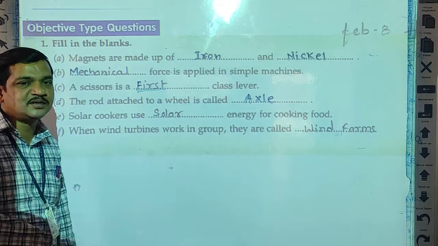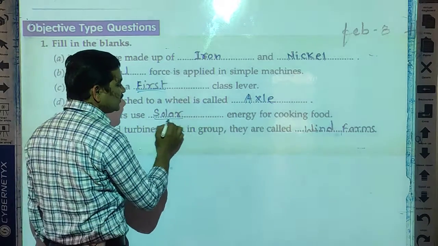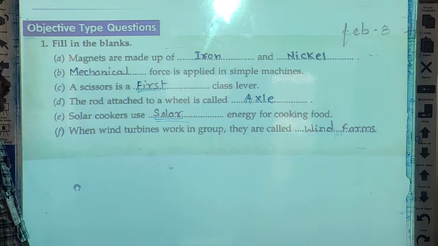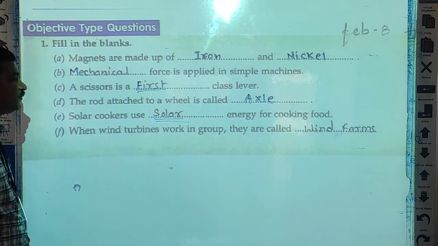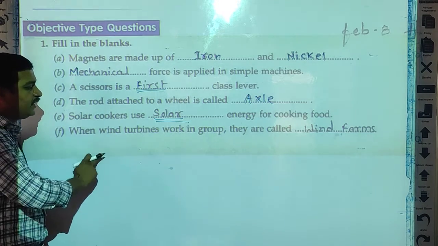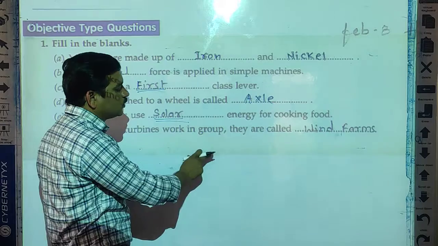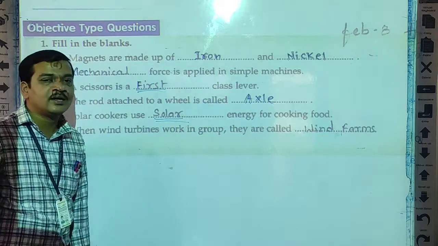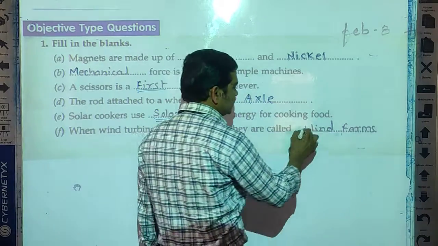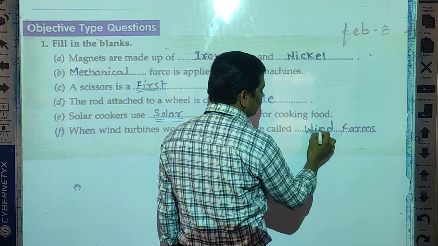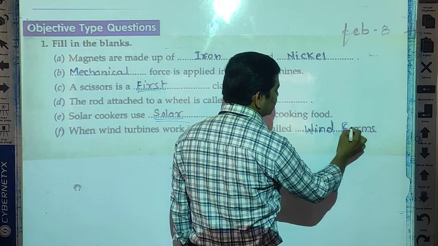Which energy, students? Solar energy is used by solar cookers to cook our food. When wind turbines work in a group, they are called wind farms.